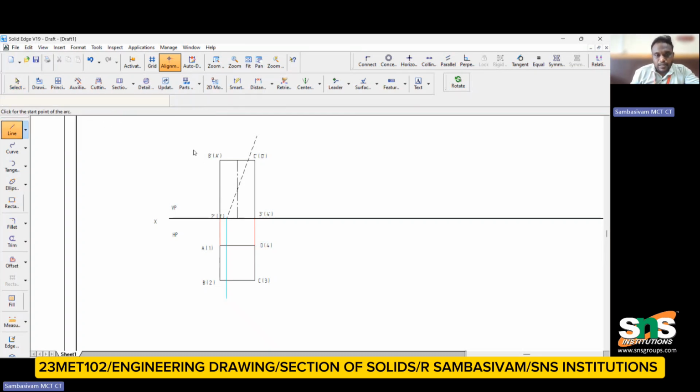Similarly, I draw the line from here. These portions have been cut out, and removed from the top surfaces. Now I have to draw the fill lines.